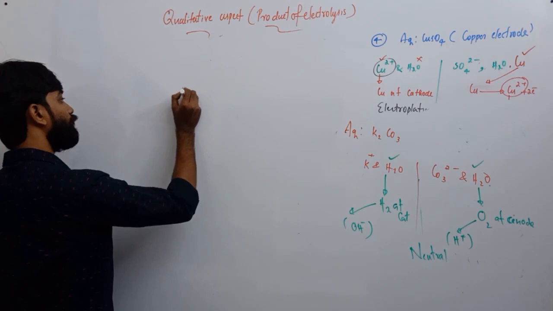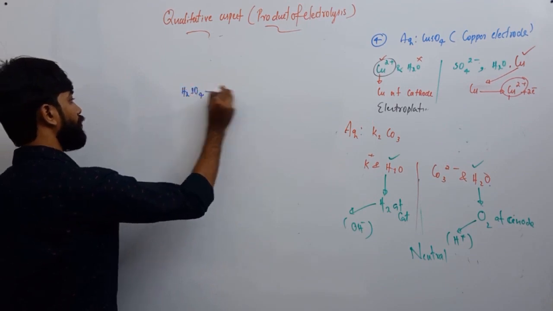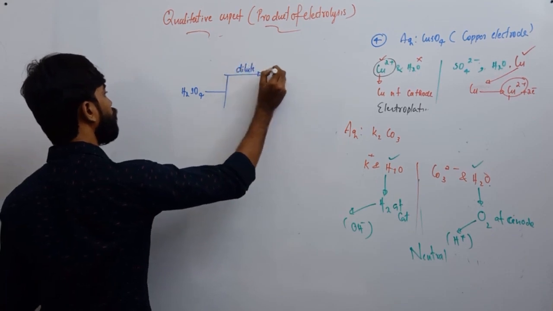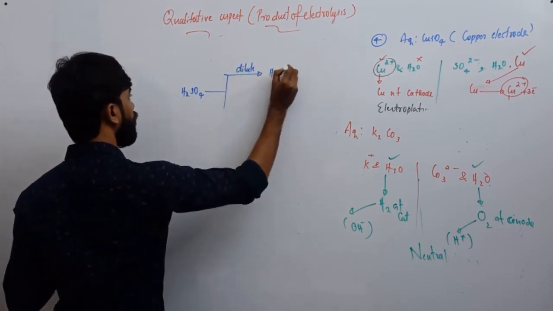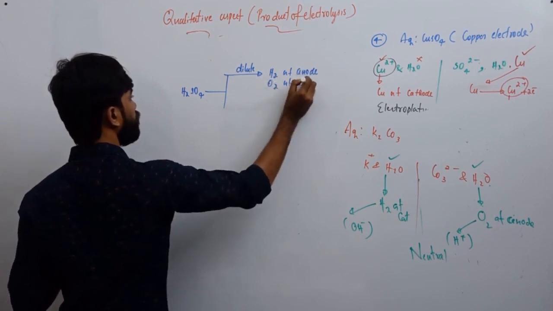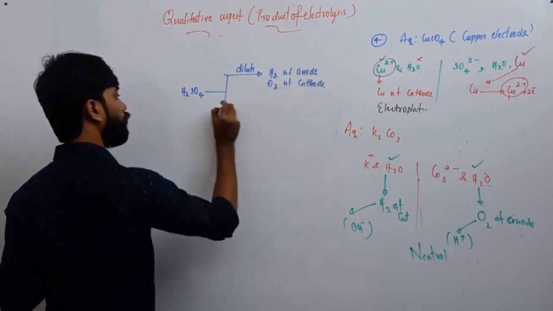If I have sulfuric acid in the dilute form, then hydrogen will be at cathode and oxygen will be at anode.